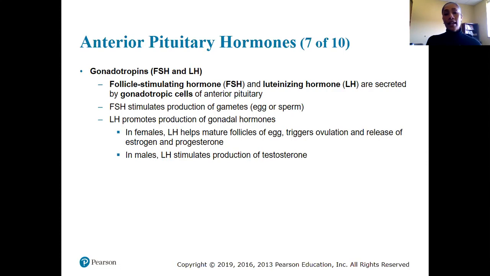So in females, LH is going to help the follicles within our ovaries to develop our eggs, and then it will also trigger ovulation and the release of estrogen and progesterone. And then LH in males is going to stimulate the production of testosterone.